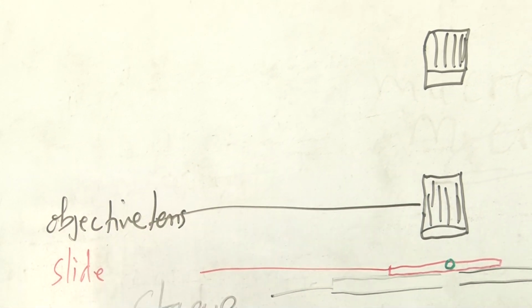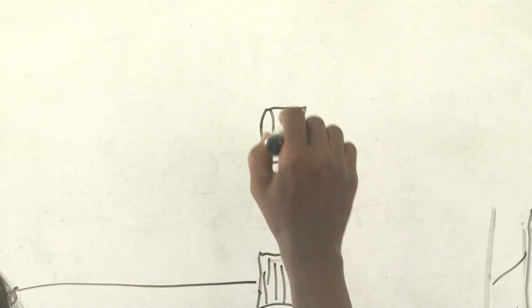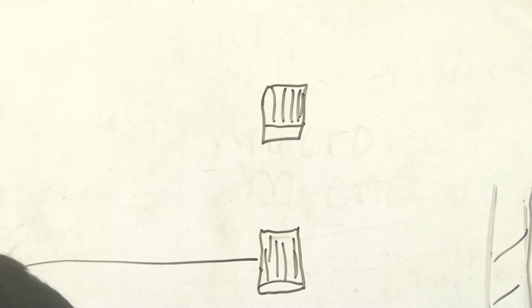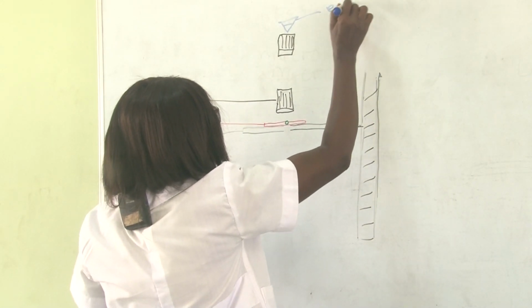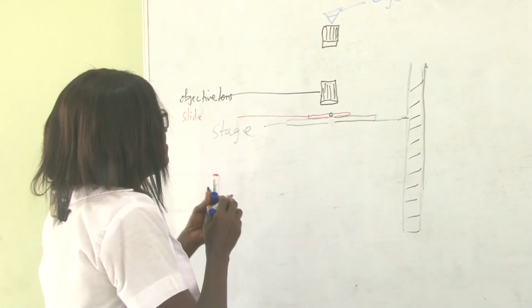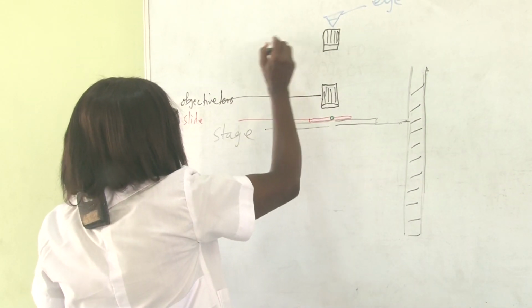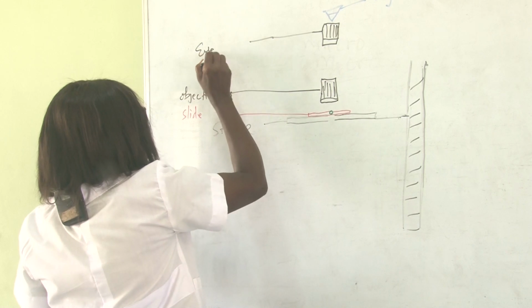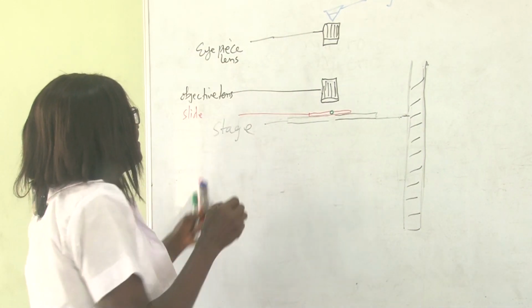lens, if you like. And this lens, we are going to put our eye here to look at it. This is our eye. We are going to look at the specimen. And so this lens, very close to our eye, is called eyepiece lens, if you like.